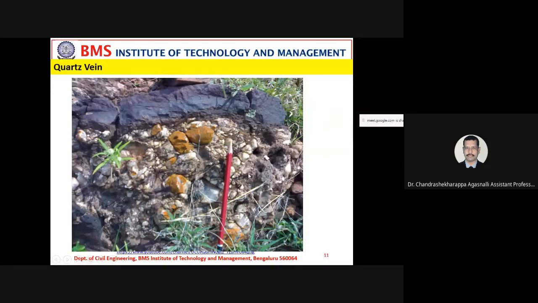It looks just like a sandwich: the top is iron ore and the bottom is also iron ore, and in between there is a lot of quartz, with some clay material sticking to the quartz grains. It completely looks like a sandwich, so you can easily remember how it looks.